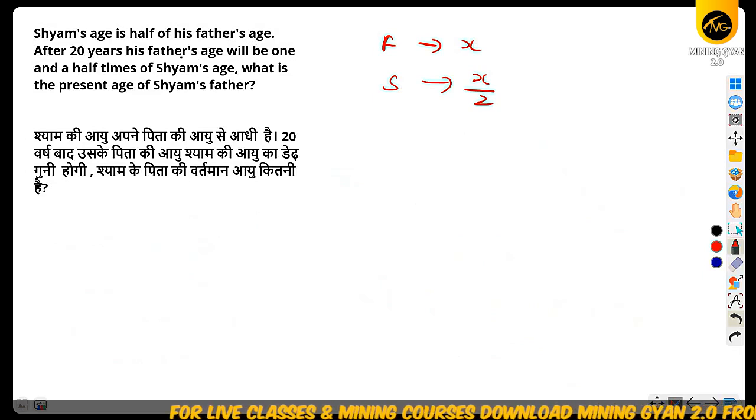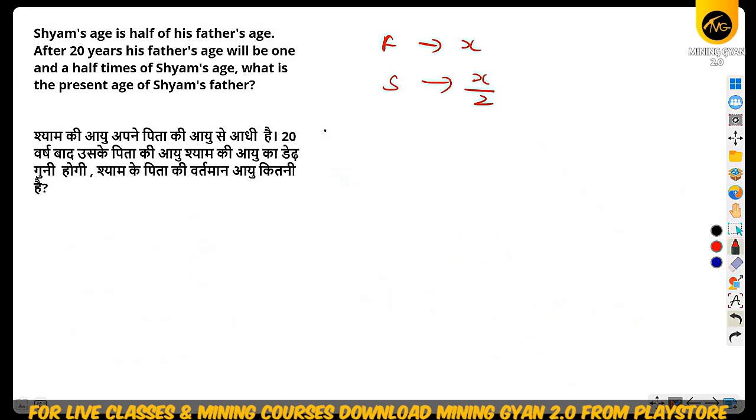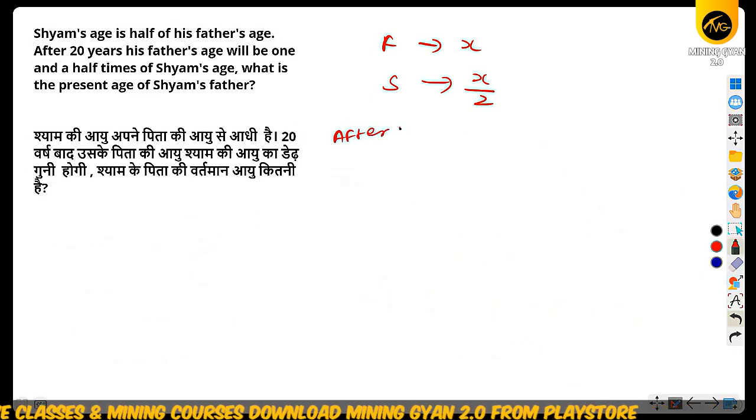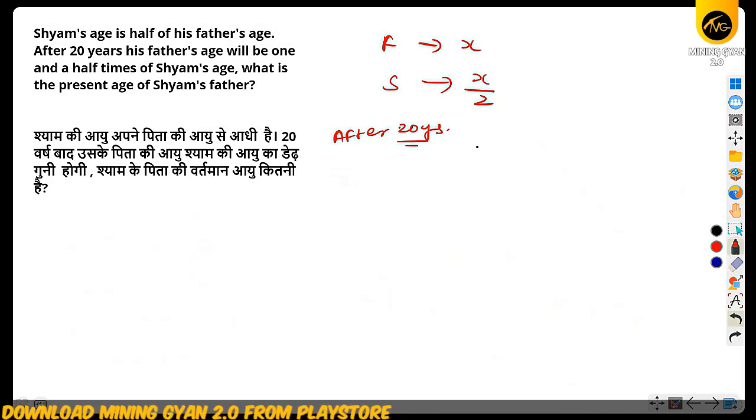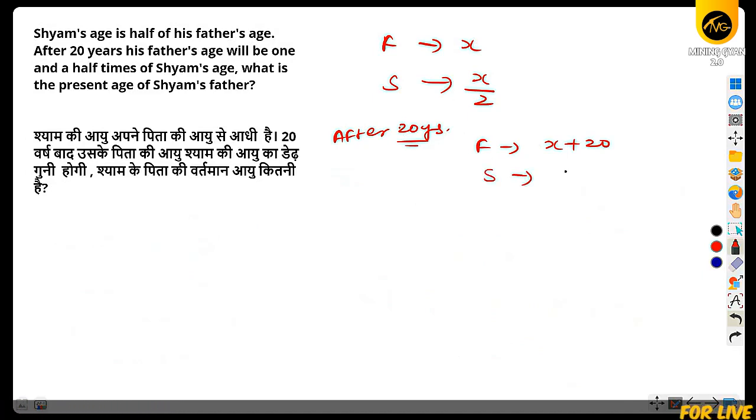After 20 years, his father's age will be 1.5 times of Syam's age. After 20 years, the father's age will be x plus 20, and Syam's age will be x by 2 plus 20.